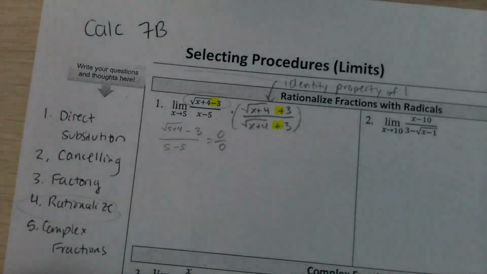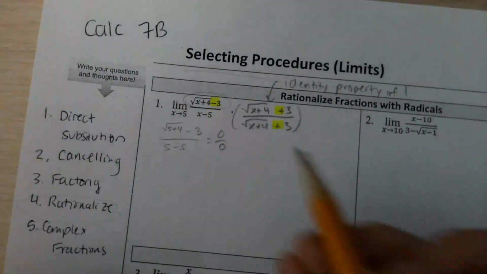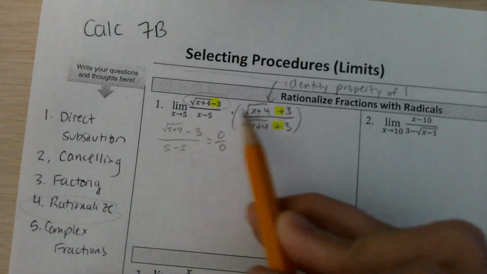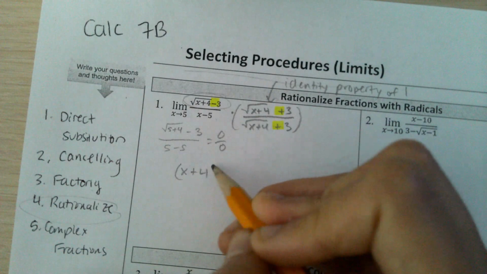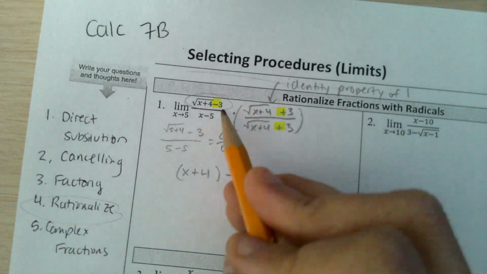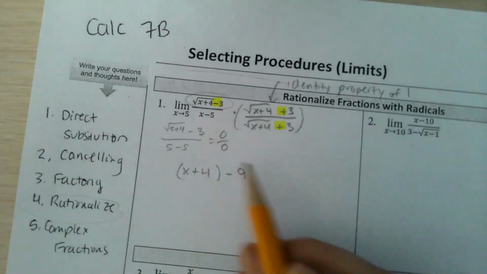Okay, so to go through this whole thing, it's a lot of algebra, and you have to be really careful with your steps. So let's go down here for the numerator. The square root of something times itself just becomes that thing without the square root. And then we know that it's the b, like negative 3 times 3, so it's just minus 9. So this is everything on top.